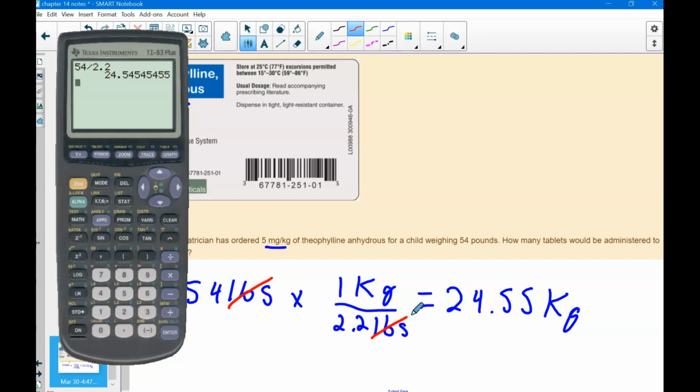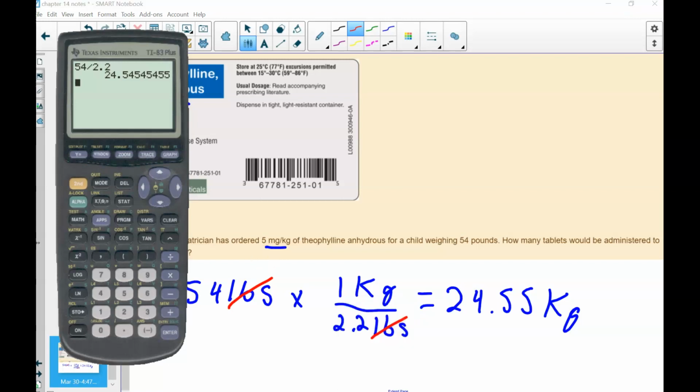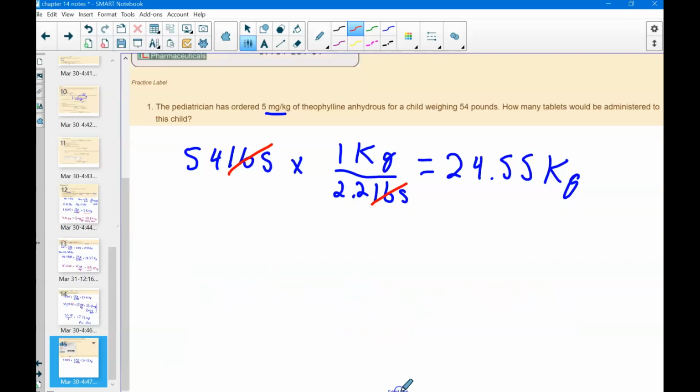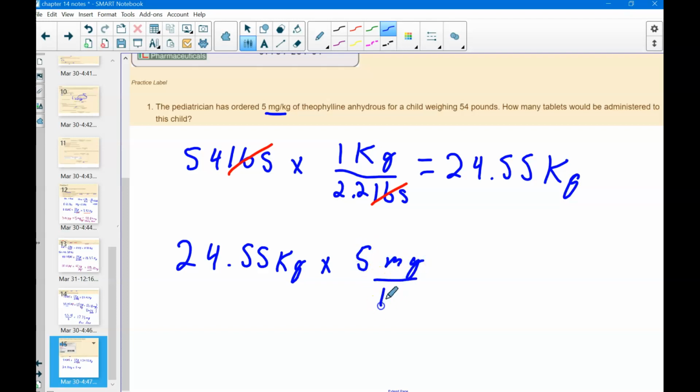And now it's 5 milligrams per kilogram. So it looks like this. We have 24.55 kg multiplied by 5 milligrams per kilogram.